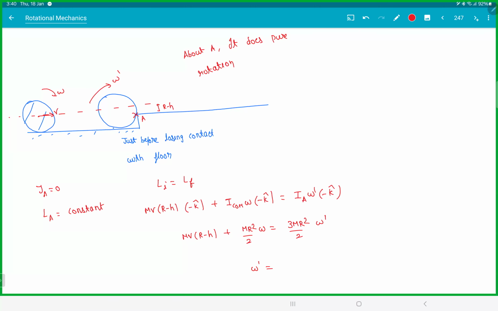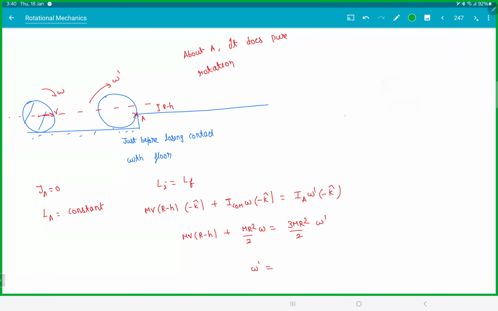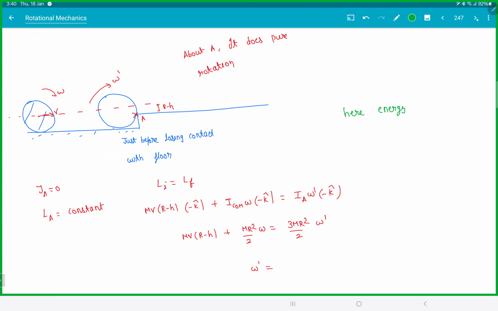Check your steps. And remember, you can't conserve energy. Why? Since it is hitting and stopping, right? It is sticking there. That is e equal to 0, a perfectly inelastic collision. So whenever someone says it sticks about the point, it rotates about that point, meaning it is getting stuck there. There will be a deformation. Energy can't be conserved.